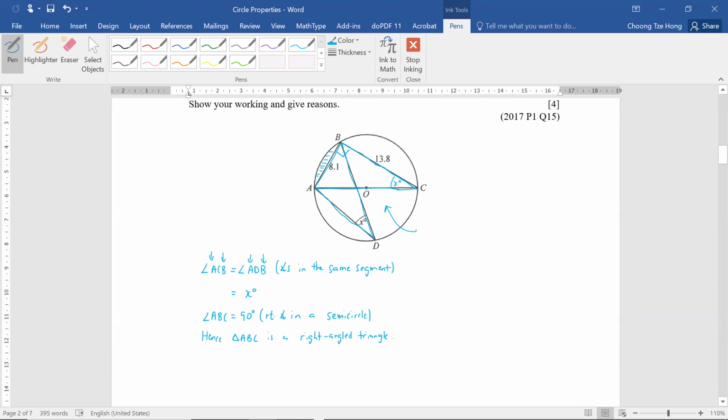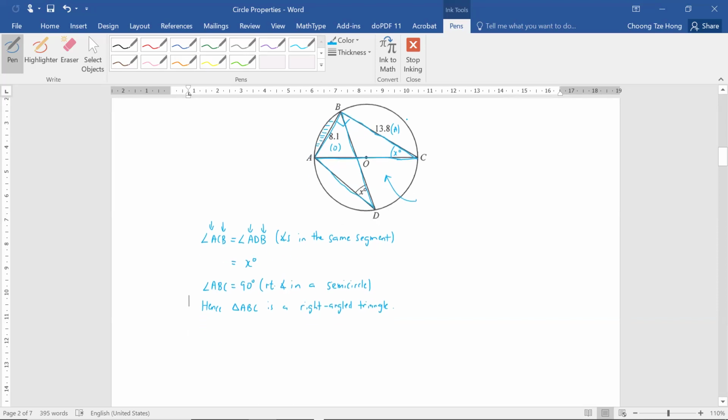The angle that we are interested in is over here, x. This side AB will be the opposite side, and this 13.8 will be the adjacent side. The side AC, the diameter, is opposite the 90 degrees, so that will be the hypotenuse. Since we have opposite and adjacent, we will be able to use tangent. Therefore, tan x degrees equals AB opposite over BC adjacent.